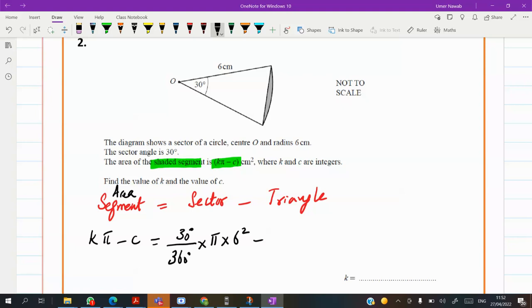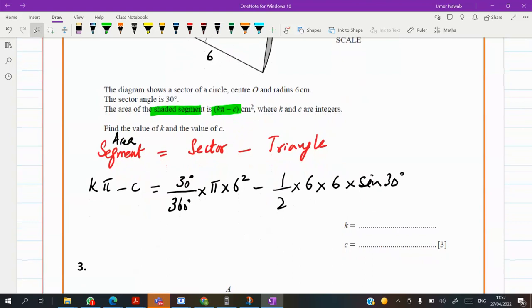Next, minus the triangle, which is half times, applying the trigonometry formula of area of a triangle, half times the product of the two sides which have common vertex O, times the angle at O, which is 30 degrees.